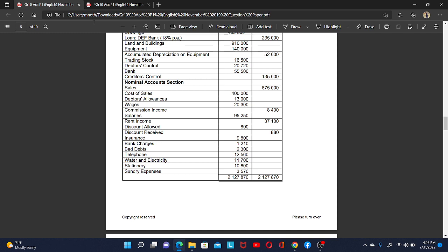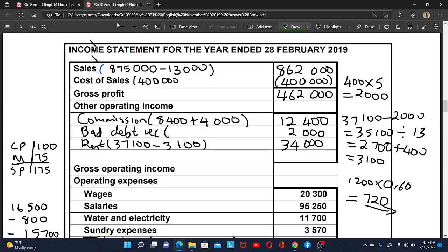So if a discount receipt of 880, discount receipt. So we say 34,000 plus 600 plus 680 plus 2,000 plus 5,100.